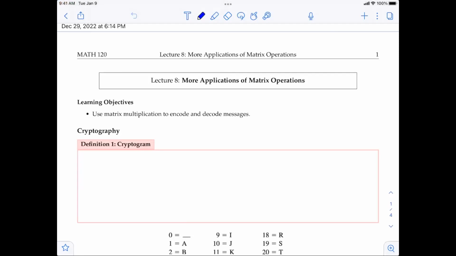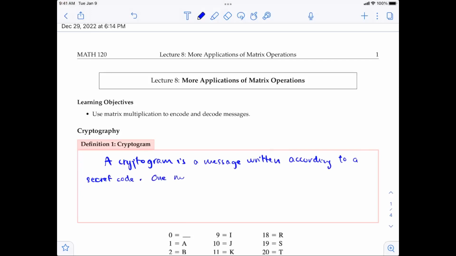So a cryptogram is a message written according to a secret code.